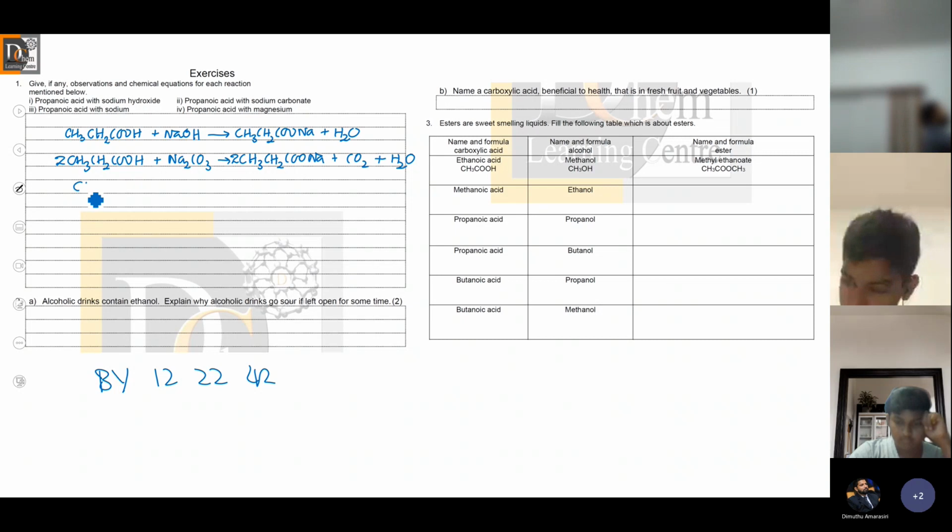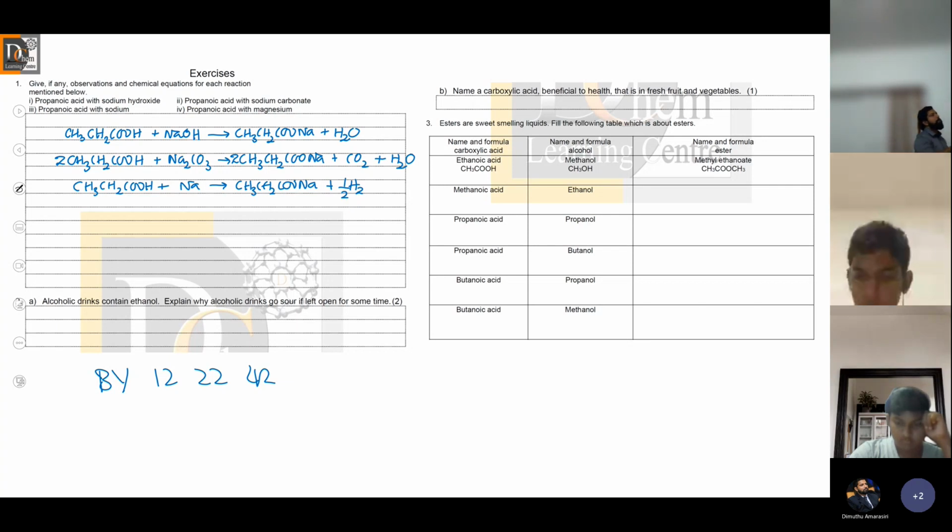And propanoic acid with sodium, CH3CH2COOH plus sodium will give you CH3CH2COONa plus what? Half hydrogen, H2.